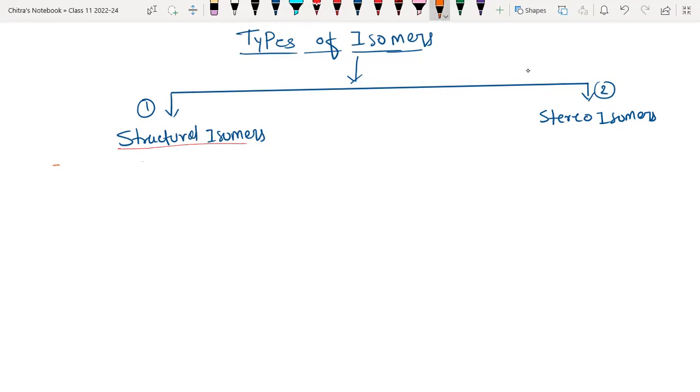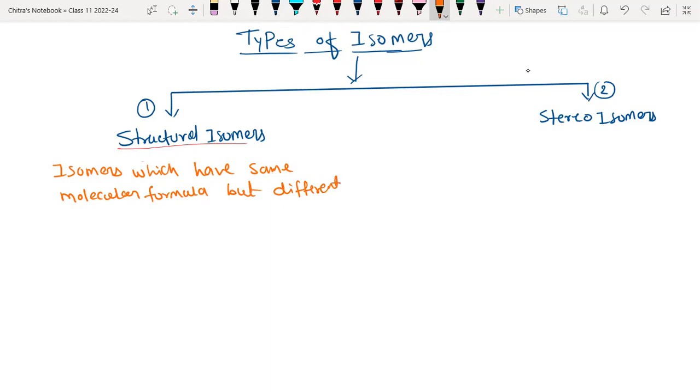Isomers which have the same molecular formula but different IUPAC names are called structural isomers.